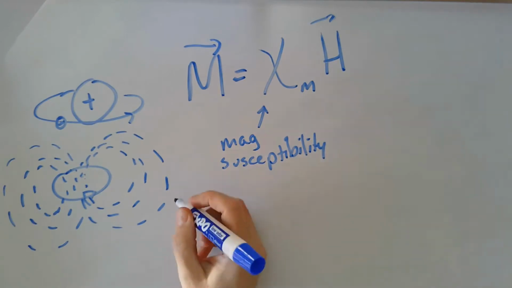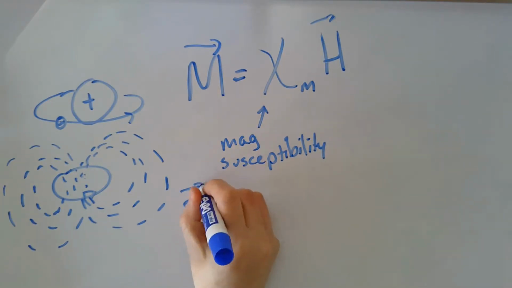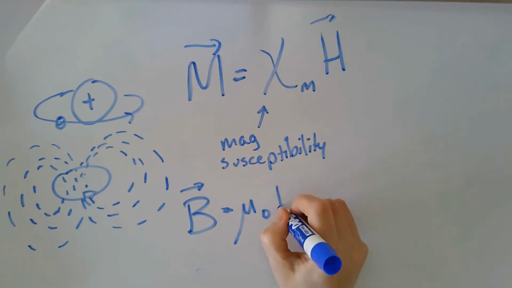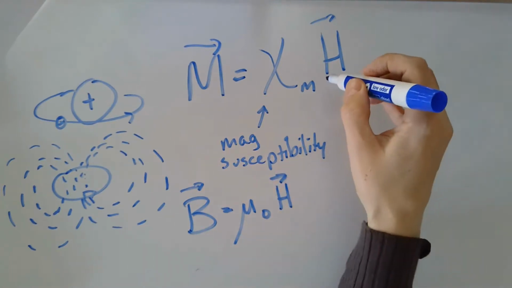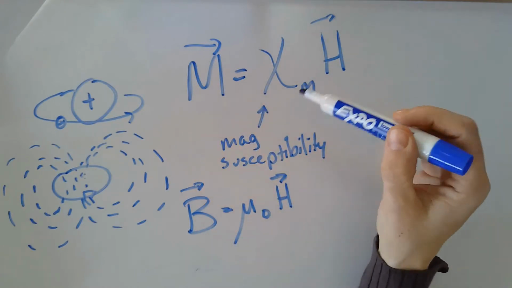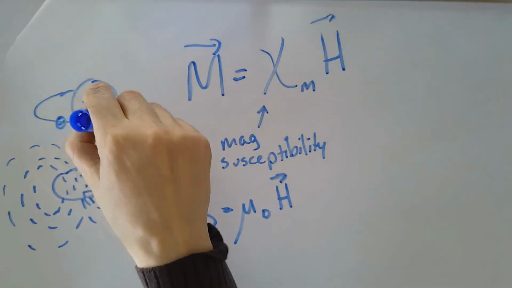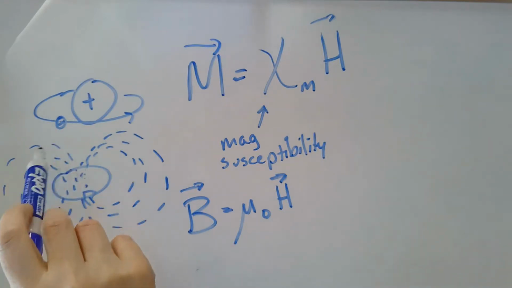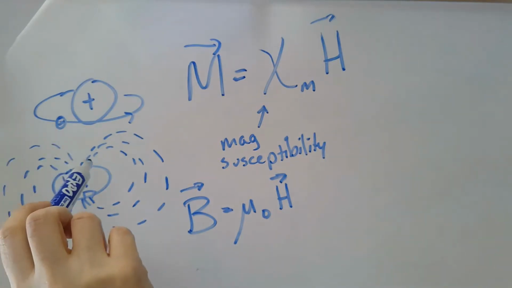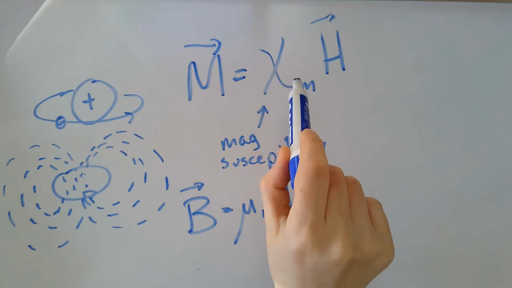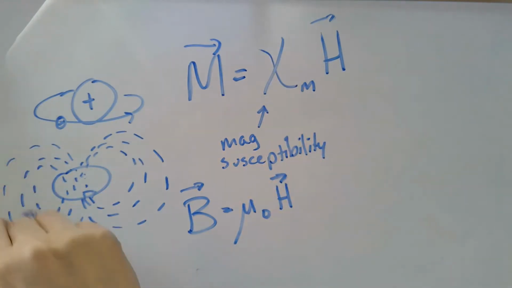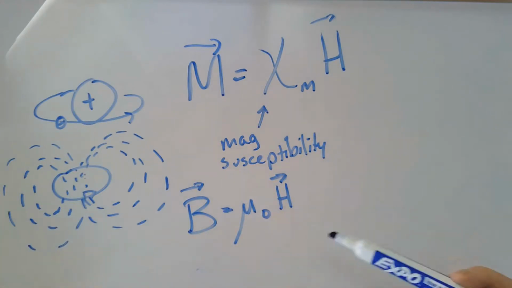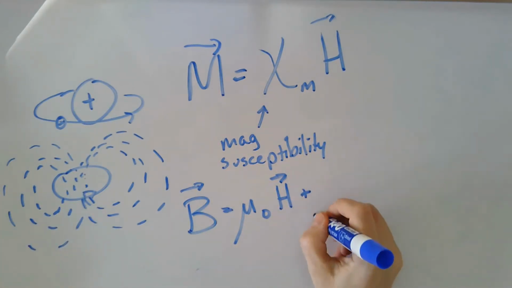Because of that, your magnetic flux density is mu naught times... oh, and the reason that this is true is because all of these magnetic fields that are generated by the internal particles, in general, they point every which way. But when a magnetic field is applied, they all line up and they agree in direction. And that is what causes this next thing to happen.